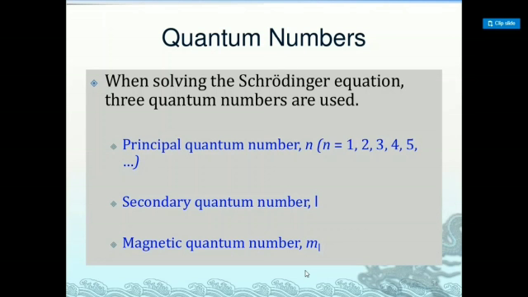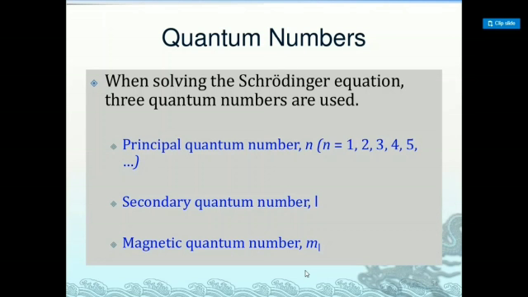Third is magnetic quantum number. It is represented by small m, and it is the orientation of an electron around the nucleus.